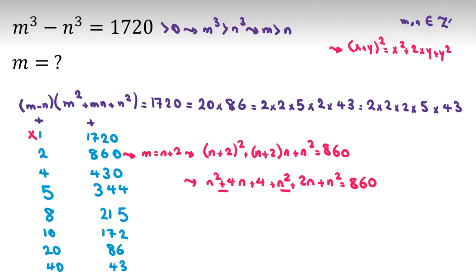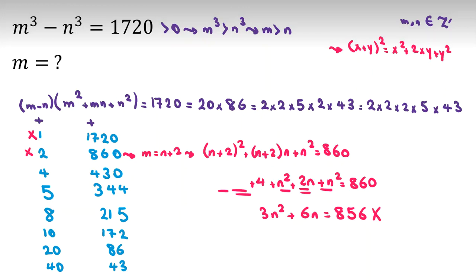Now n squared, n squared, n squared will be 3n squared, and 4n plus 2n will be 6n. 860 minus 4 will be 856, and 856 won't be a multiple of 3, because the left-hand side is a multiple of 3. So the second case also will be bad.